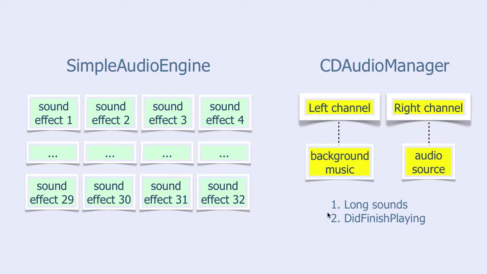And the other advantage is that audio sources generate a didFinishPlaying callback when they finish. You can catch this callback and do something useful when the sound finishes. Let's go to Xcode and explore this.